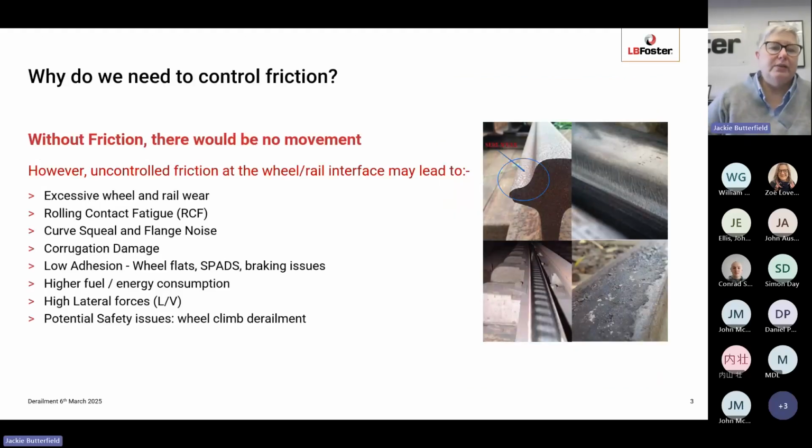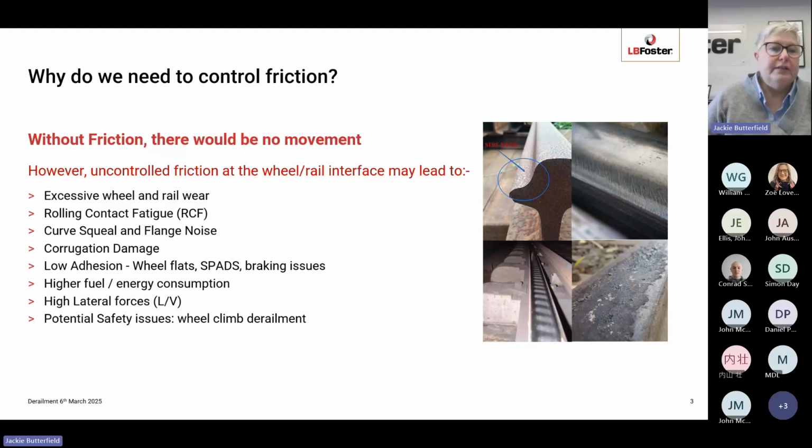So, as always, why do we need to control friction in the wheel rail interface? Without friction, there would obviously be no movement, as there would be no acceleration or braking of the rail vehicles. However, it's very important to control friction at the wheel rail interface, as uncontrolled friction may lead to a number of issues that are listed here.